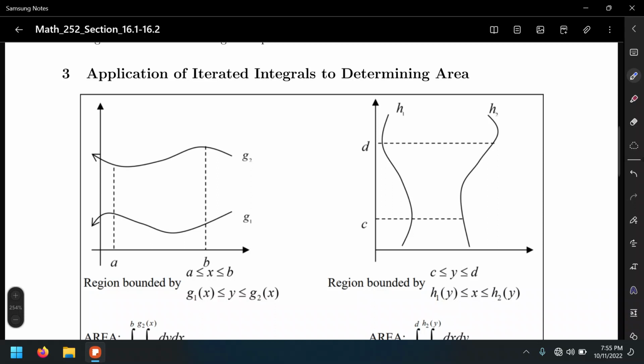However, this time, since this is basically a rectangular region, we're going to take a rectangular sample, and in this case this rectangular sample will have some delta x and delta y. So the area of that sample is simply length times width, which is just delta x delta y.